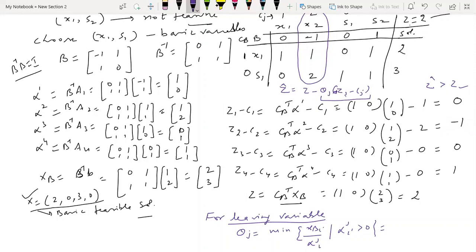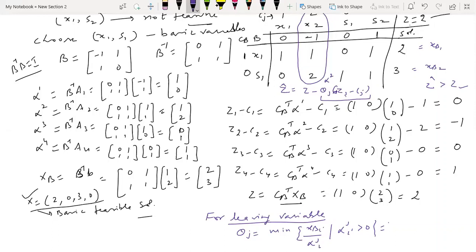Now let us see what these components are. This is my xb1, this is my xb2, and this column is my alpha j, which is the alpha 2 column. So we take the ratio of xbi with this chosen alpha j: xb1 upon alpha 2 1, xb2 upon alpha 2 2.